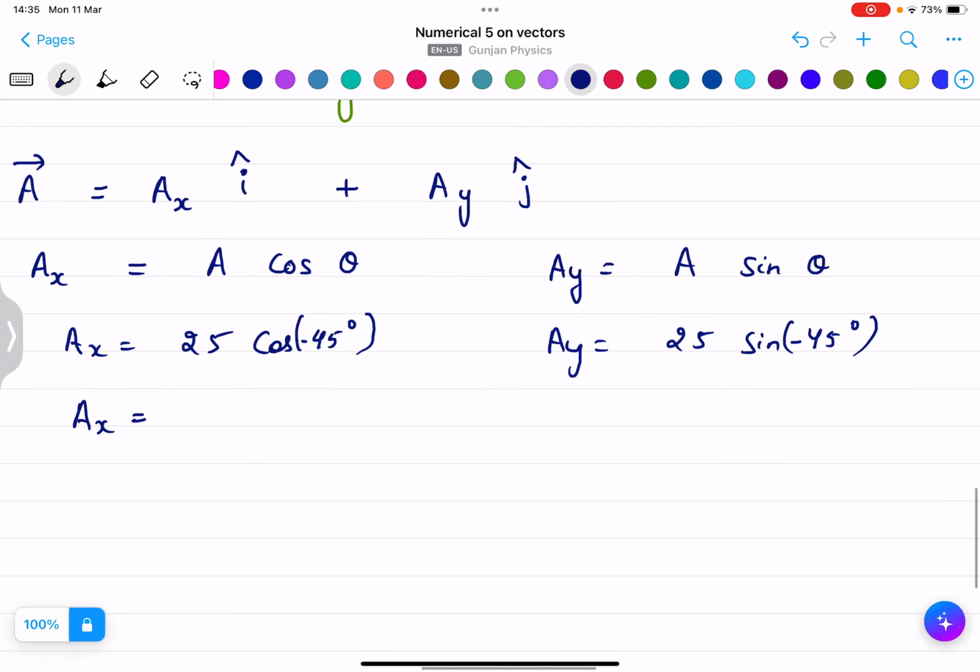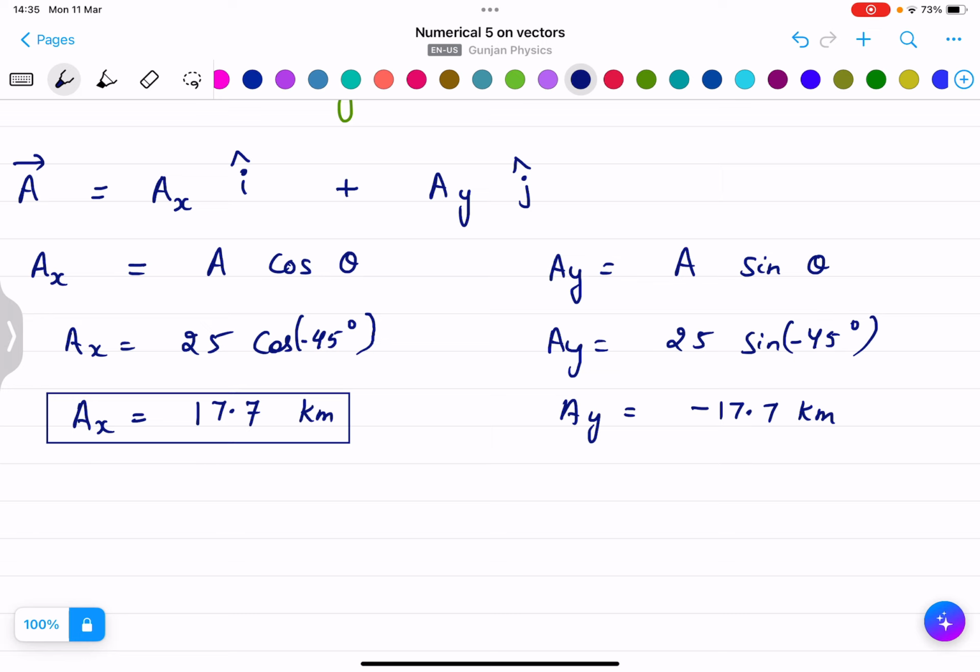So 25 cos minus 45, if I am solving it, I will get 17.7 kilometers, and Ay I will get minus 17.7 kilometers. So these are Ax and Ay, the components in the horizontal and the vertical direction, right?